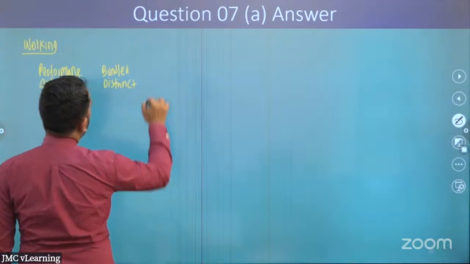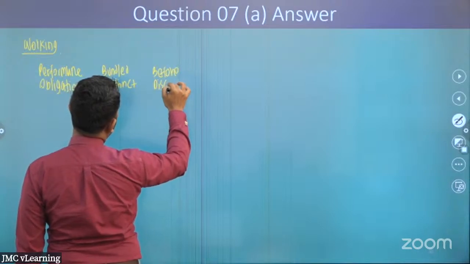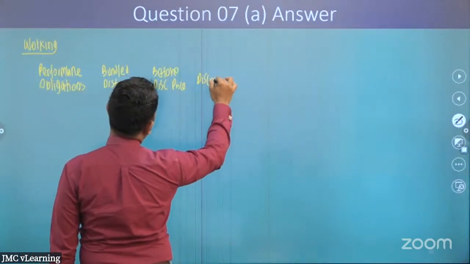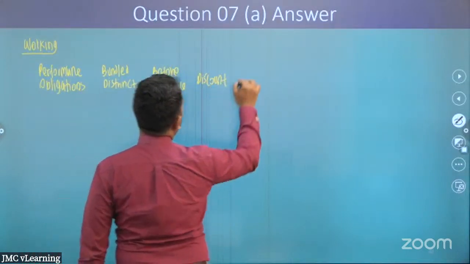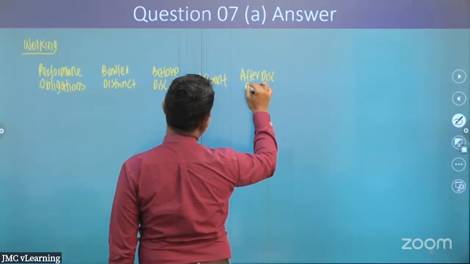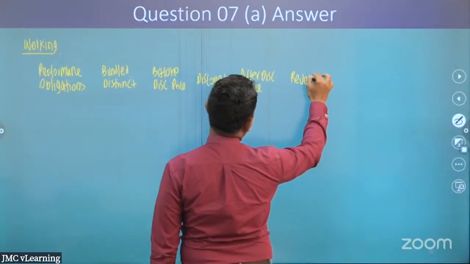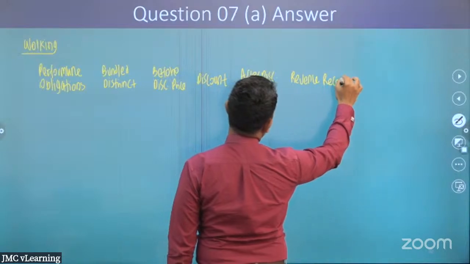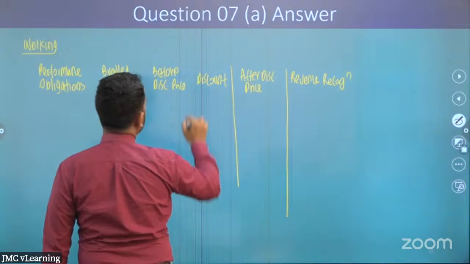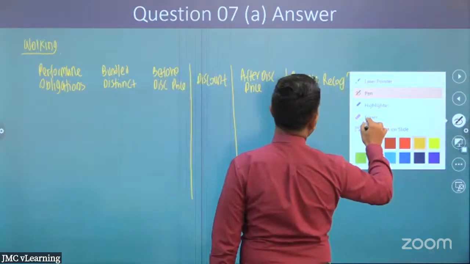Then you will get the before discount price, then the discount, after discount price, and we'll apply the revenue recognition. Okay. I'll use a small table to do this one.